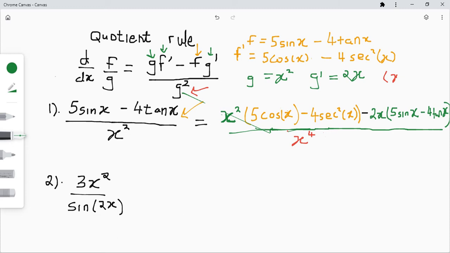Okay, maybe we can move on to question 2. We have 3x squared divided by sine 2x. As always, we state our f, and our f is 3x squared.